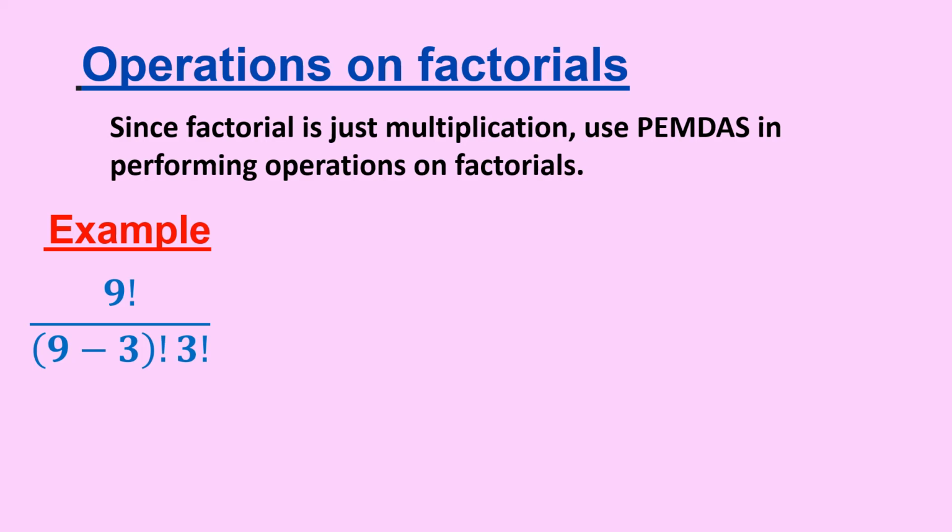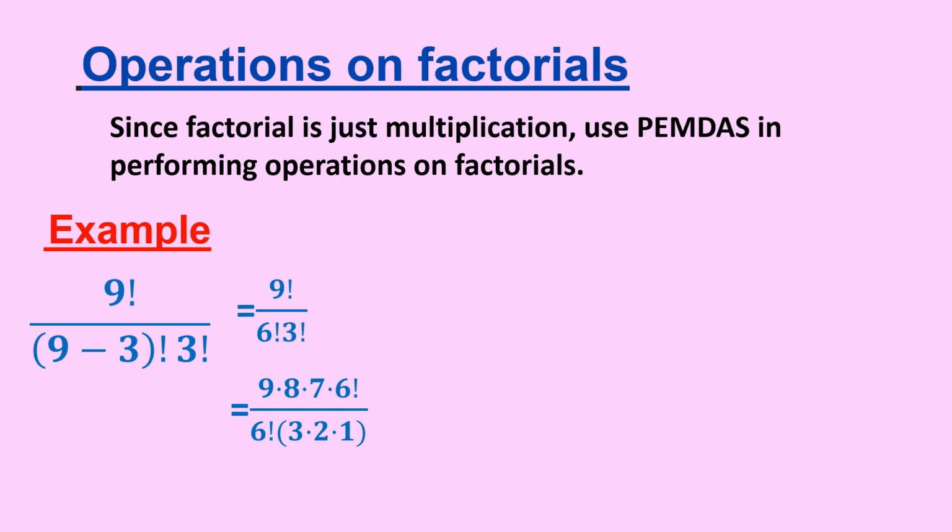So again, PEMDAS rule, we apply first the operation inside the parentheses, and that will give us 9 factorial over 6 factorial times 3 factorial. So since we have here 2 factorials on our denominator, we're just going to choose one to cancel, which is the 6 factorial. So therefore, we will have 9 times 8 times 7 times 6 factorial, expanding 9 factorial up to 6 factorial.